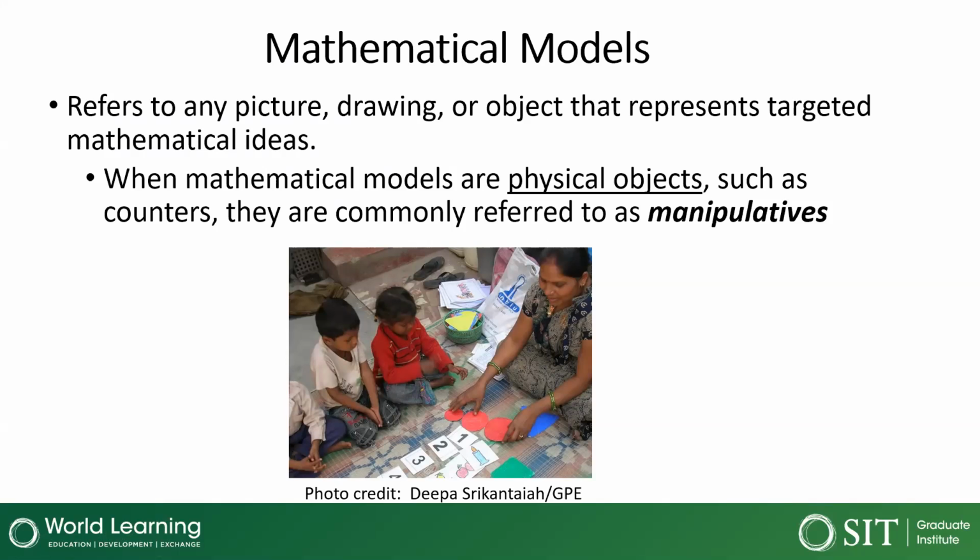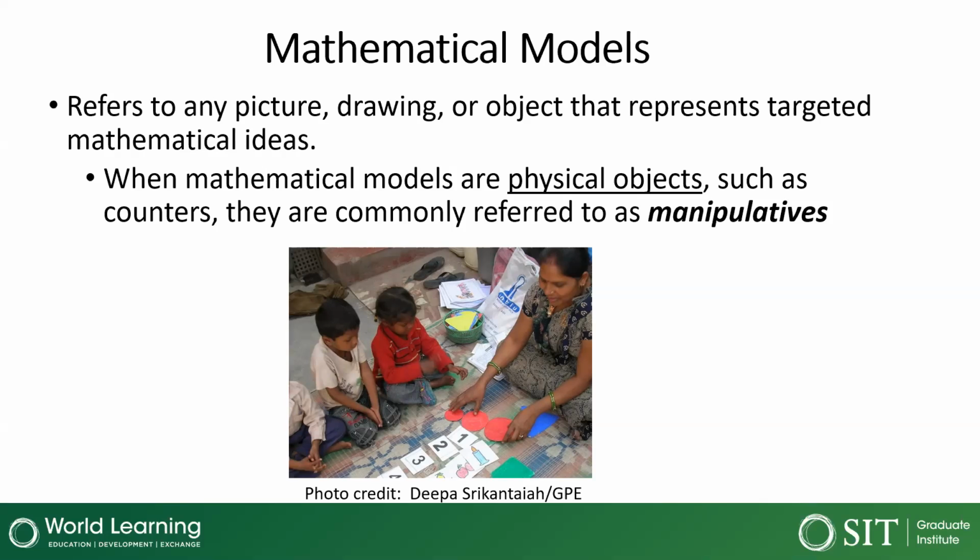So young children think in concrete ways before they think in abstract ways. And this is where objects such as counters or manipulatives are very helpful, because this carries into their mathematical learning. So children start with concrete materials like counters, and they can use that to model target mathematical ideas.